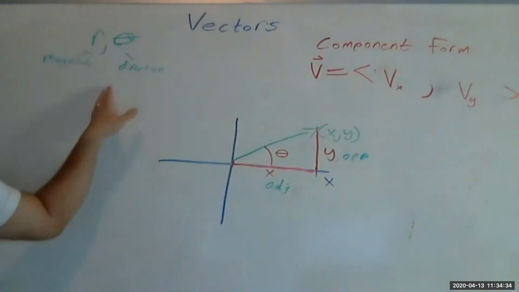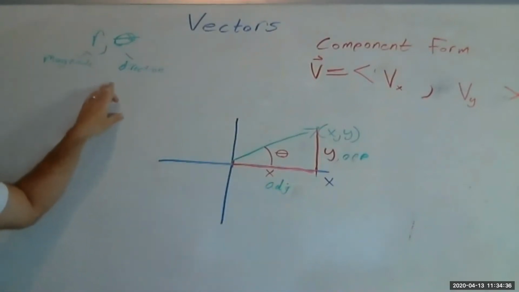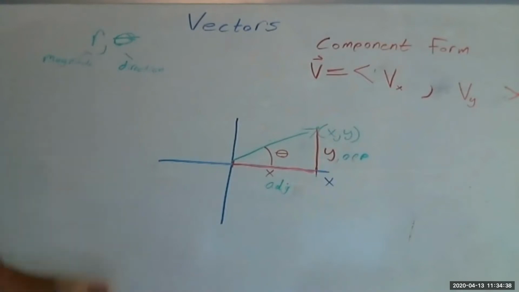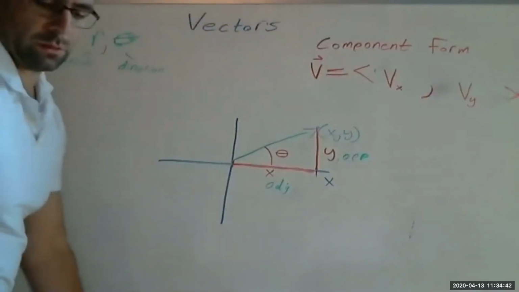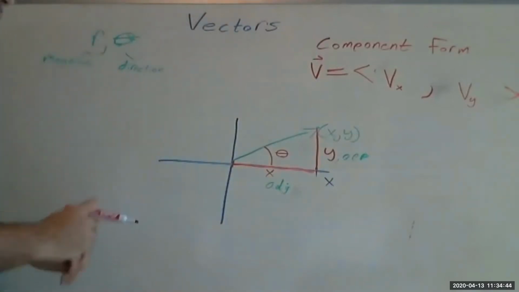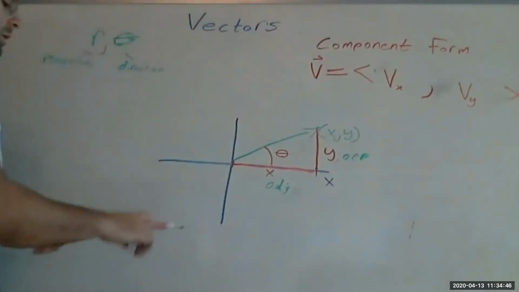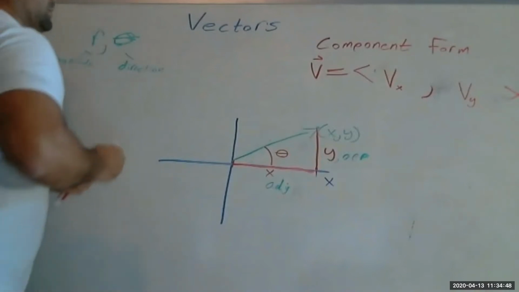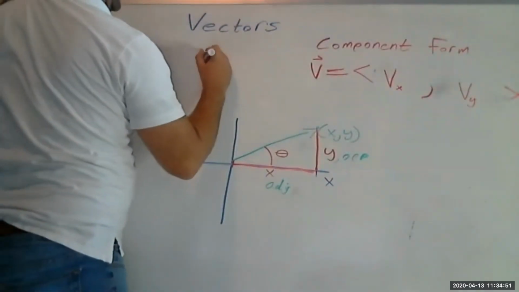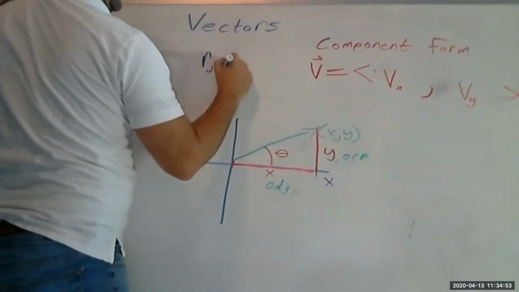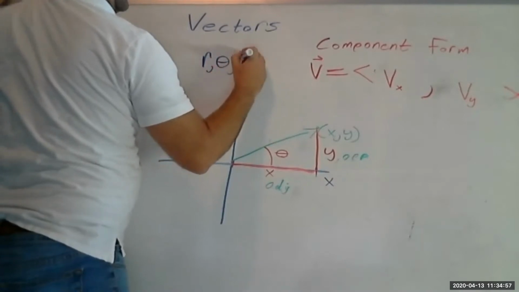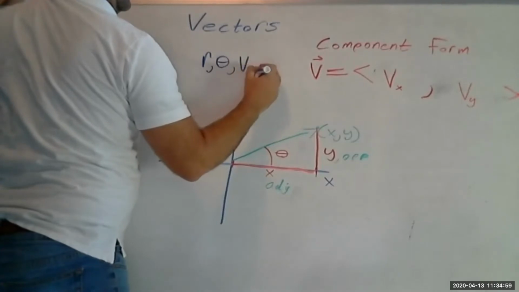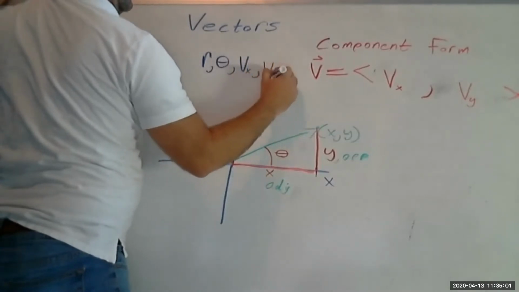If I give you any two of these things, I guess I'll write them all together: R, theta, Rx, Ry.